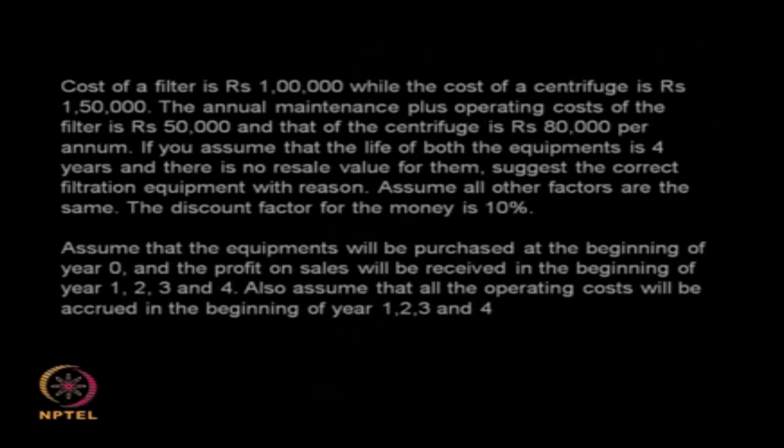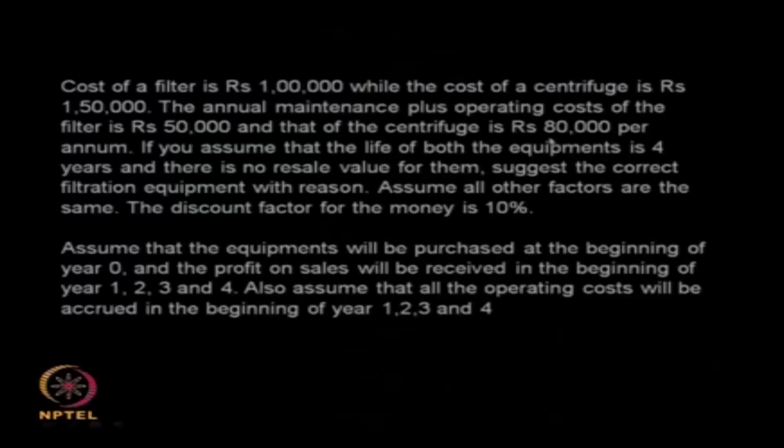on the centrifuge, I will make a profit on the filter, but the amount of profit I make differs because I will get more liquid in the centrifuge, I will get less liquid in the filter. I will also spend maintenance cost, I will spend more maintenance cost on the centrifuge, I will spend less maintenance cost on the filter.